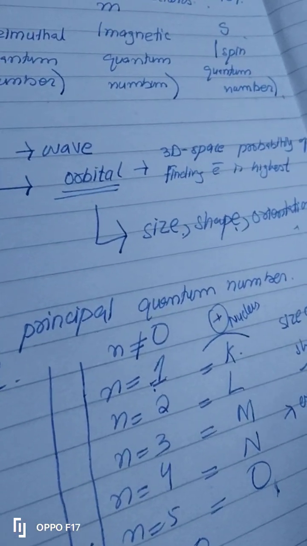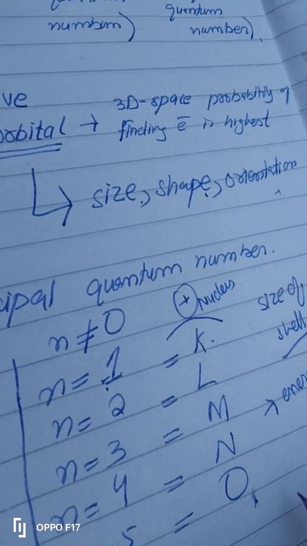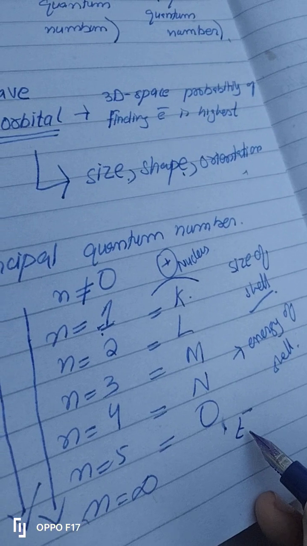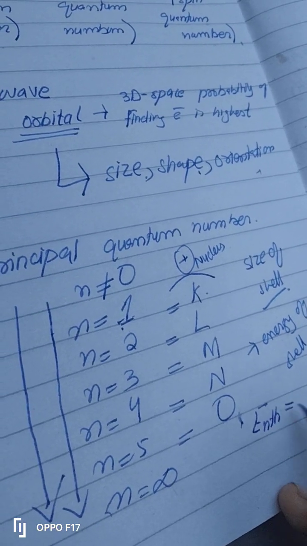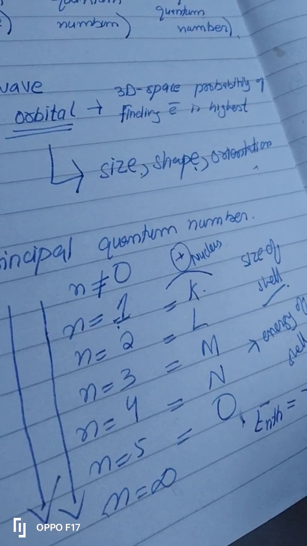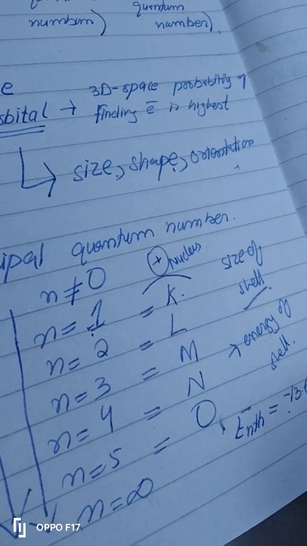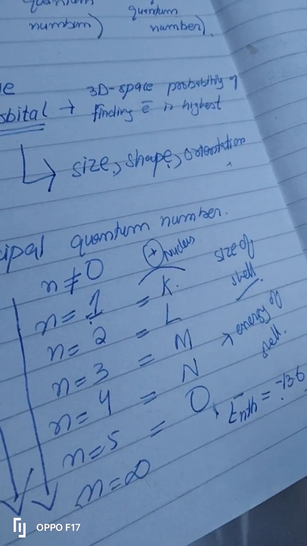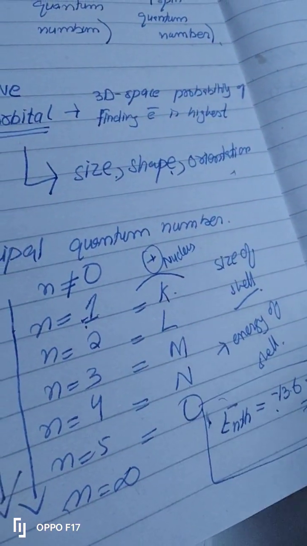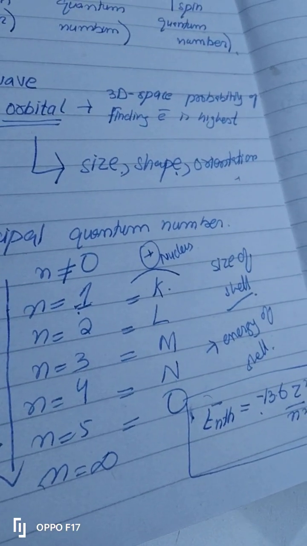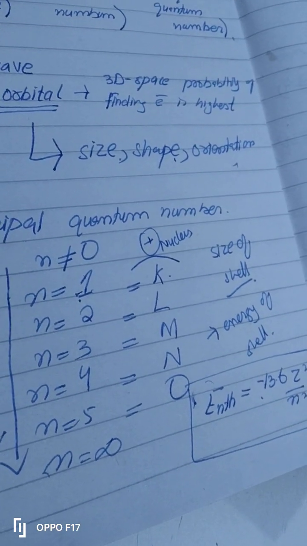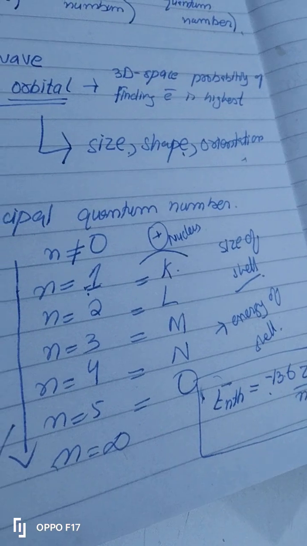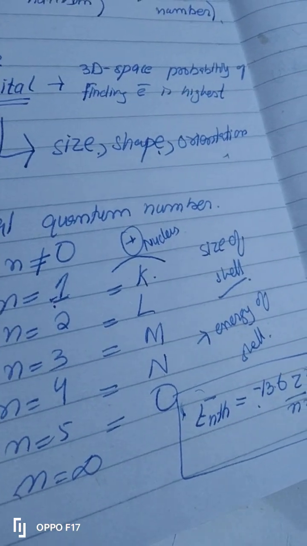The formula for energy is: energy of the nth shell is equal to minus 13.6 Z square upon n square electron volt. This formula was given by Bohr and it is still valid. It is used to find the energy of the electron in the nth shell.